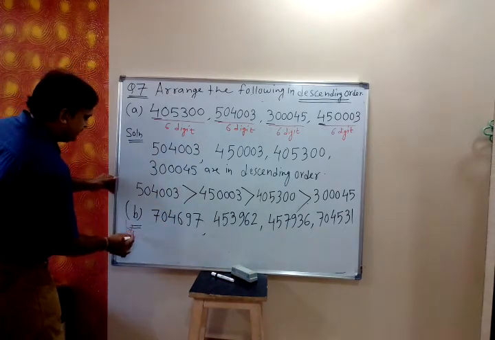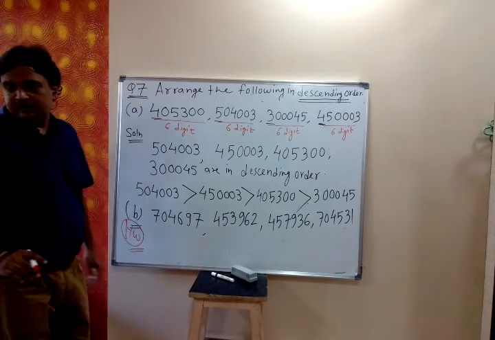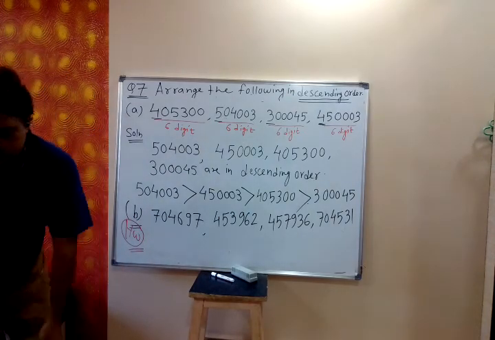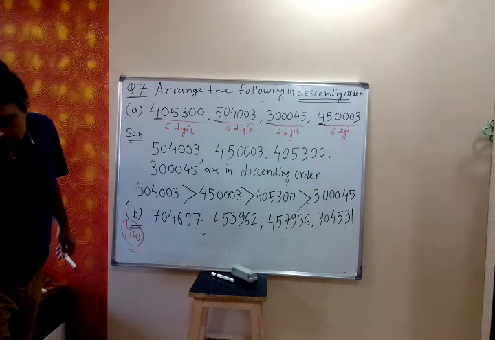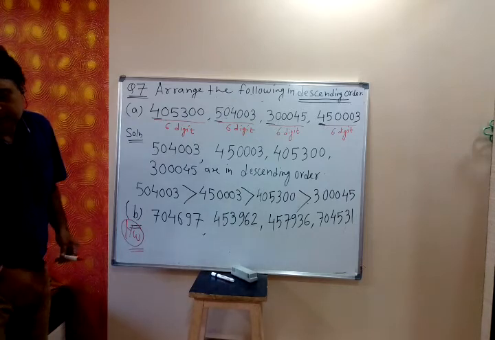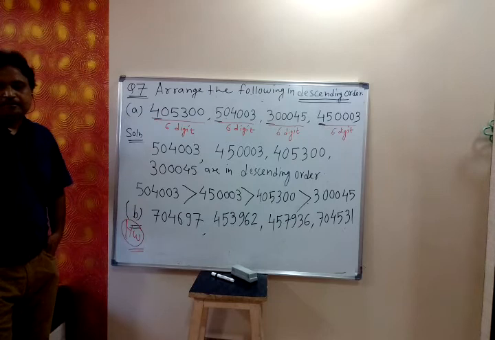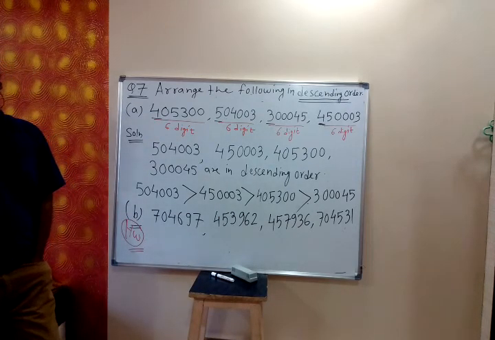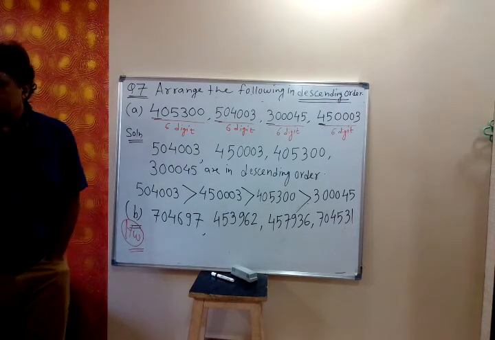B part will be homework. Descending order means bigger to smaller. Now in mobile it is coming clear.